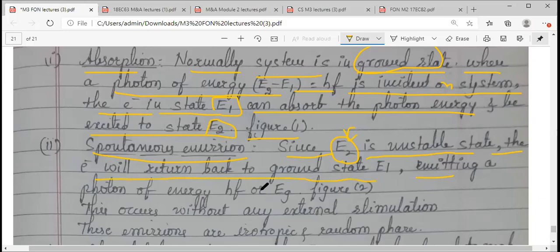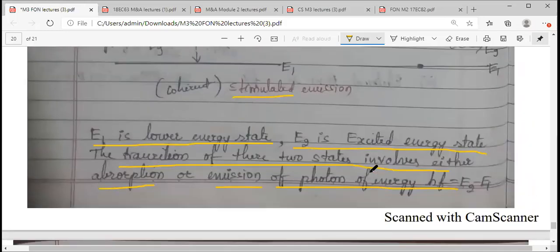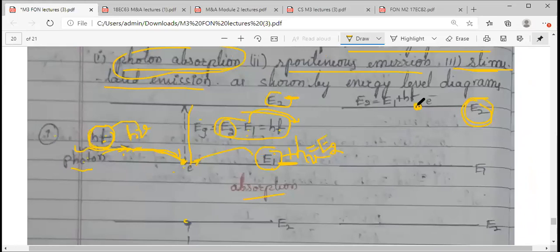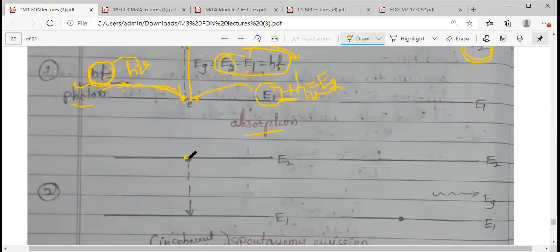Whenever it tries to return back, energy you cannot create, you cannot destroy. Law of conservation of energy, you know it. In this figure, in absorption the electron is already in the E2 state, but it will not stay there for long. It is an unstable state, so it has to take the transition and return back to the E1 state.